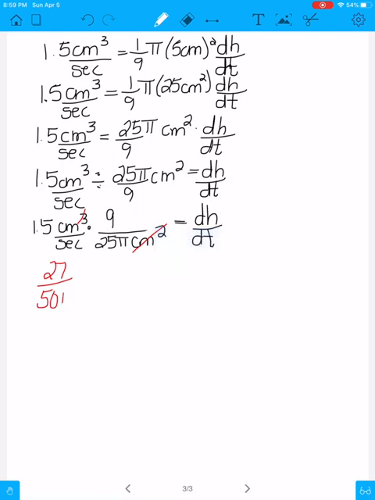The pi is still on the bottom. Centimeters per second equals dh dt. Now it's positive, so my height is increasing with respect to time, 27 over 50 pi centimeters per second. You could turn that into a decimal. It should be positive because the height of the ice cream is increasing because we're filling that cone up.